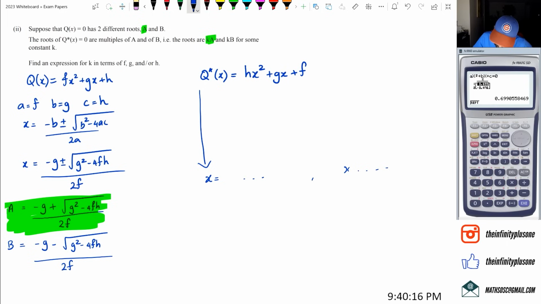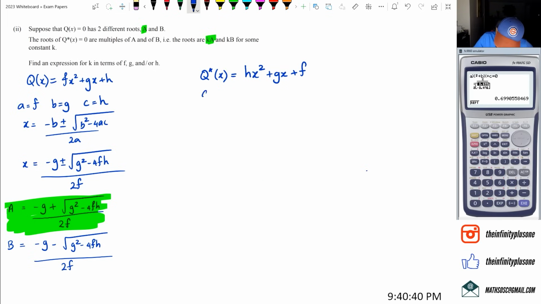But one of them is going to be equal to k times a, because that's what it says in the question. So I'm going to work out what one of the roots is, and then I'm going to say ka equals that, to kind of prove it. But let's work it out.